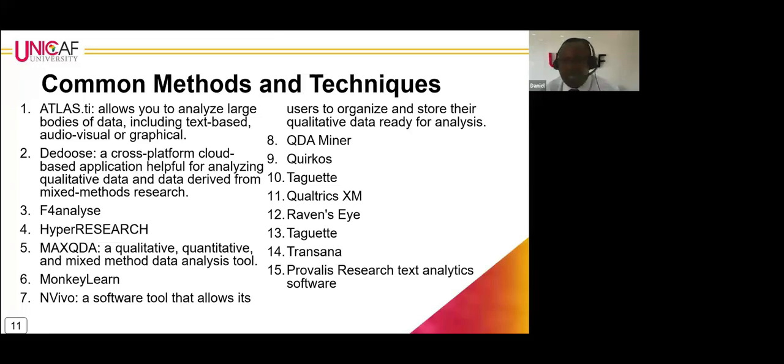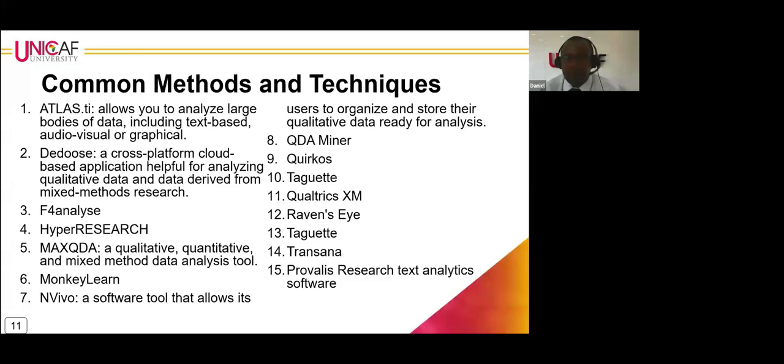We have many, I shortlisted here 15, and if you look at all of them, they have a bearing on how you have collected that data in a qualitative manner, how you have prepared that data in a qualitative manner, and you are now ready to input this data into a software that will help you analyze it.